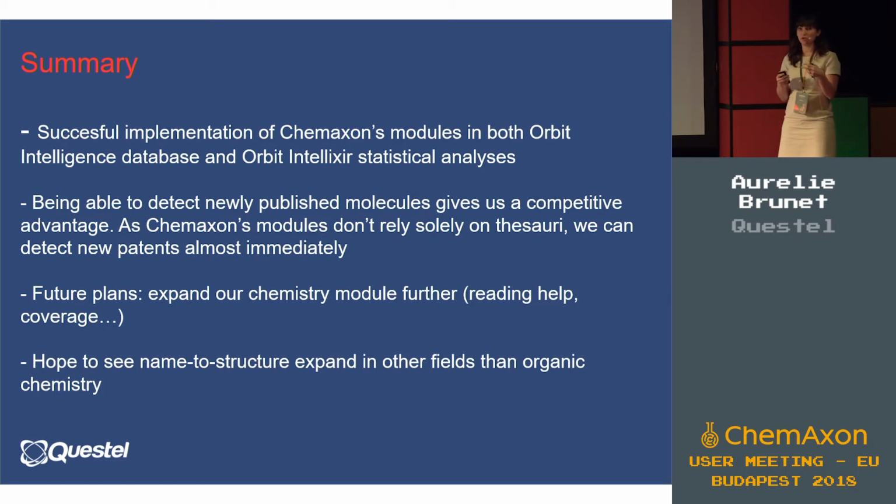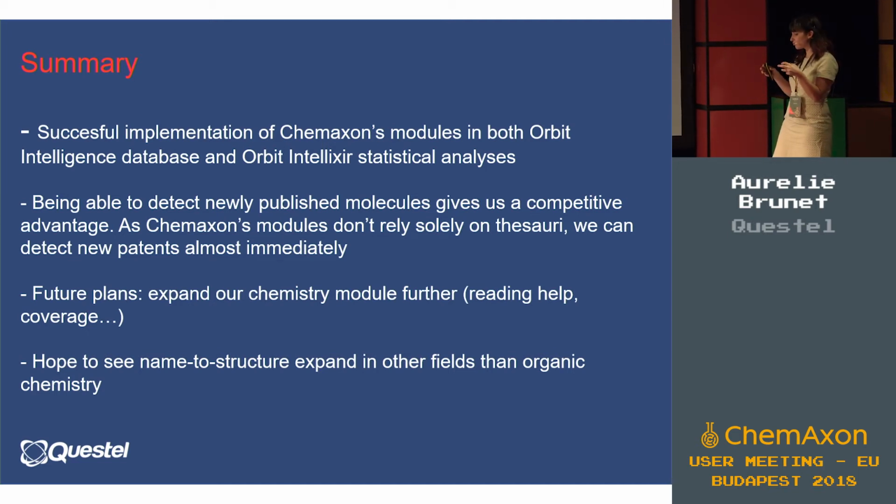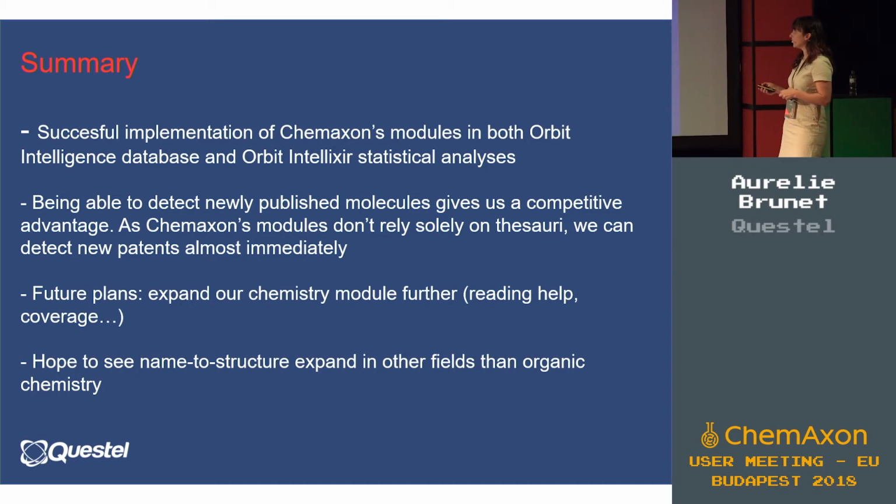By that I mean the fact that you can read a chemical name and create the structure. It means that for us, a patent that is published on Thursday can be searchable in our database on a Sunday. So we are very fast to retrieve the patent, so that's really a key point for us.